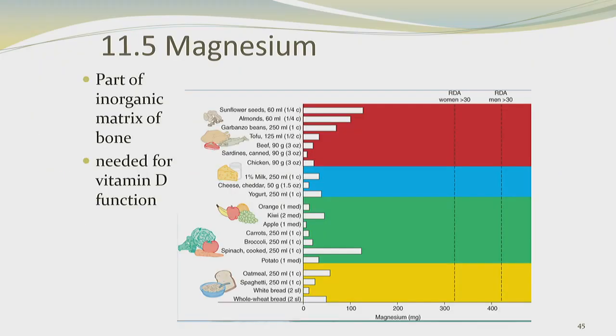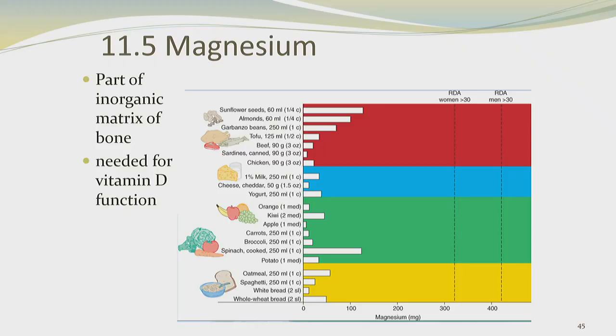So last but not the least, micronutrient we are looking at here, this is a major mineral, is magnesium. Magnesium is another element that is also important for the development of bone, as it is a part of the inorganic matrix of bone. So, although not part of the hydroxyapatite itself, it's needed for vitamin D to function properly.